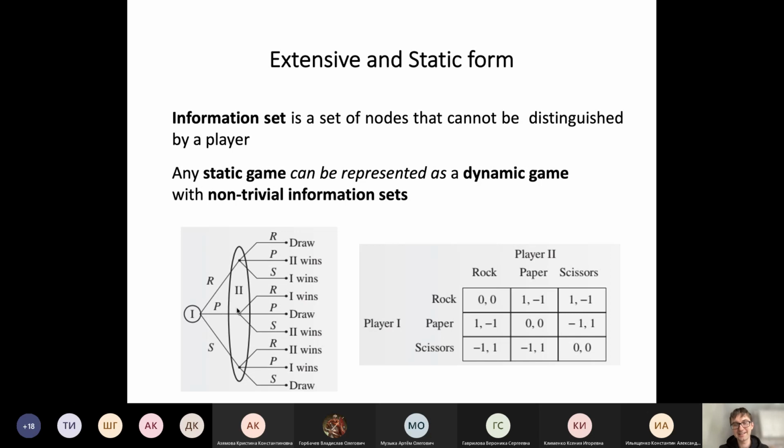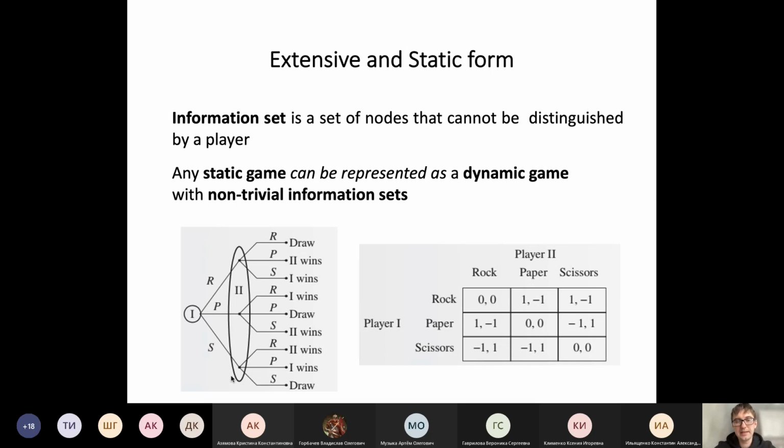Even if my eyes see what you're showing, my brain is not fast enough to tell me what you are doing. So I have to, like with a penalty kick, make my decision, rock, paper, or scissors, without being able to distinguish between these three states. So this is an information set.